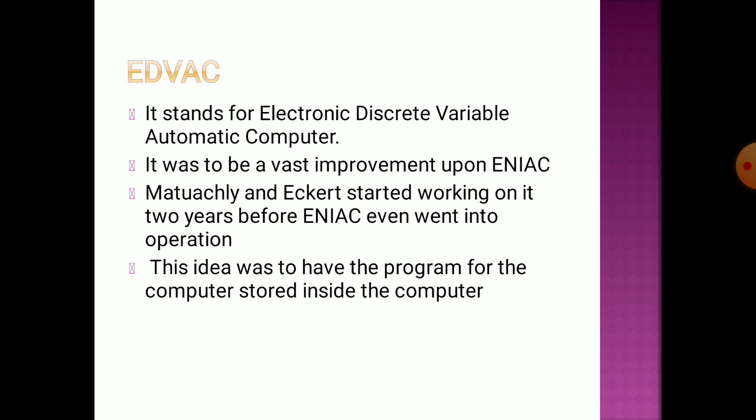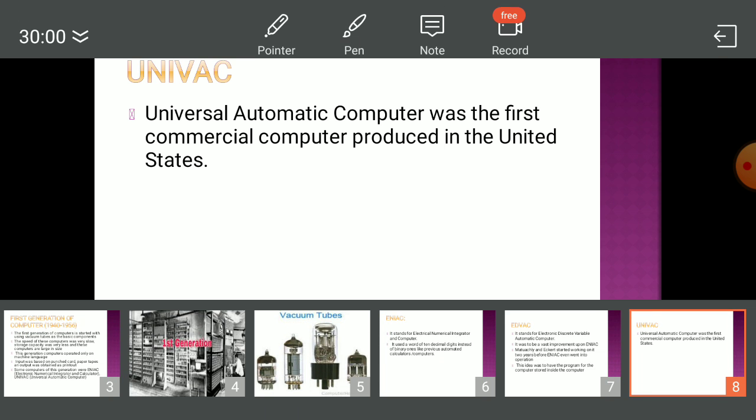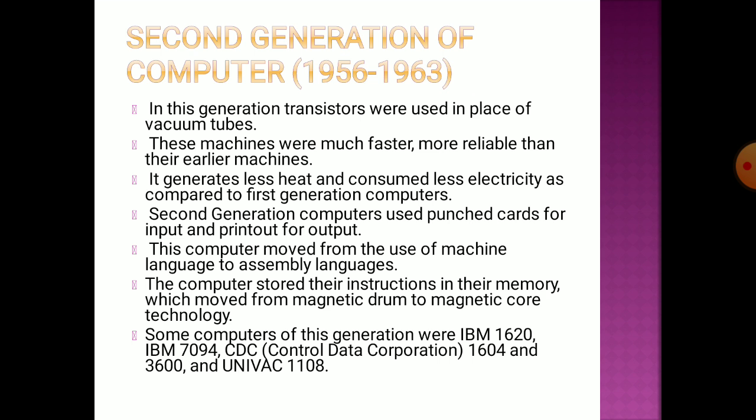Next we'll study your second generation of computers. There were some disadvantages in your first generation computers. That is, the size was very big, the speed was very less, and the storage capacity was also very less. So to overcome all these disadvantages, we started new inventions, and in your second generation, rather than using vacuum tubes, we started to use transistors.